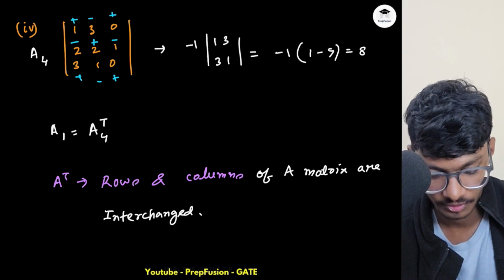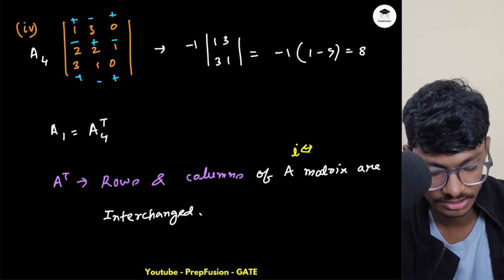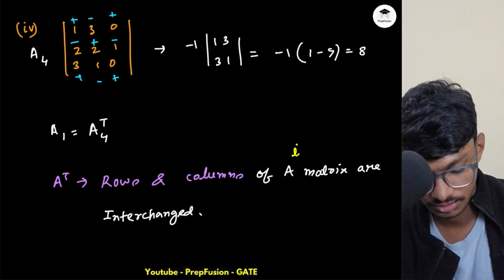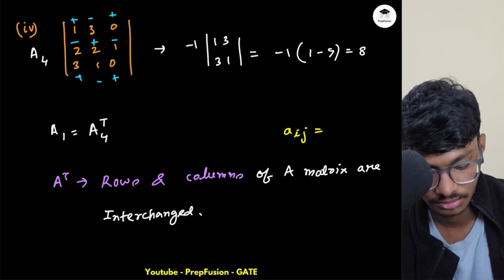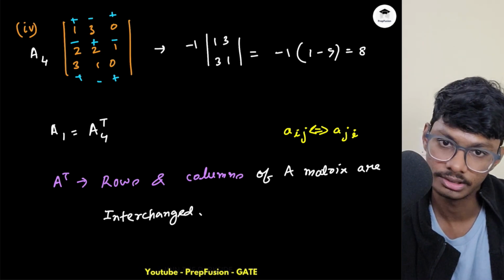Basically, what is happening over here? I becomes J and J becomes I. So we are exchanging Aij and Aji.